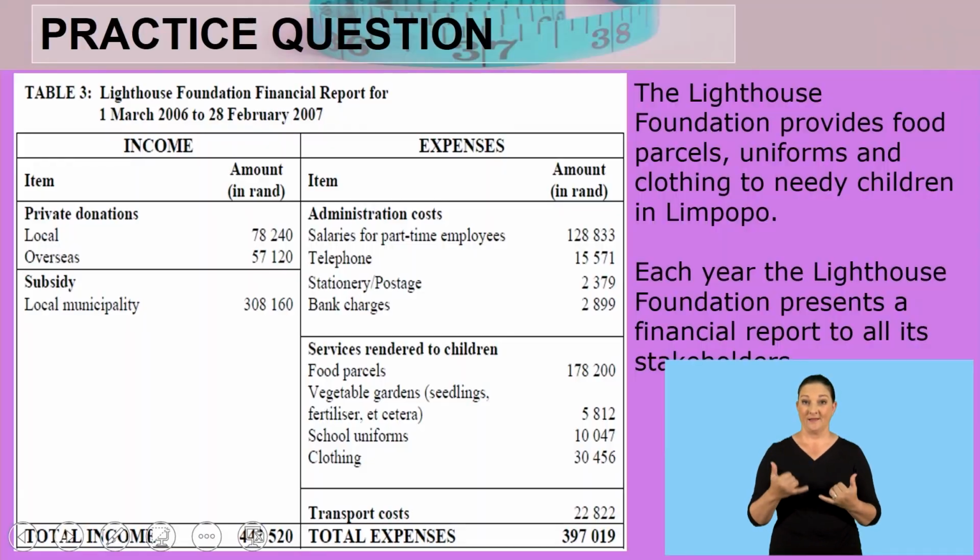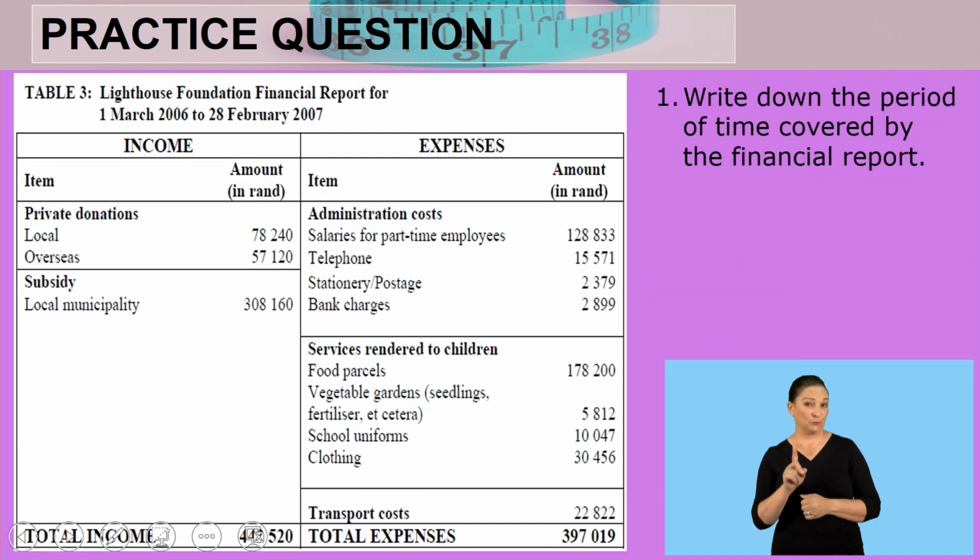The Lighthouse Foundation provides food parcels, uniforms, and clothing to needy children in Limpopo. Each year, the Lighthouse Foundation presents a financial report to all its stakeholders. That's a statement. Let's look at what they want from us. Write down the period of time covered by the financial report.